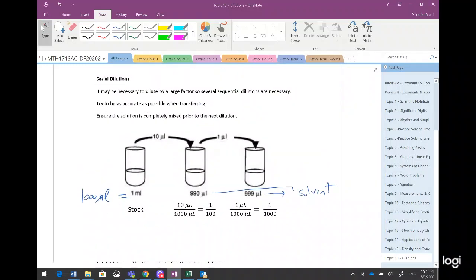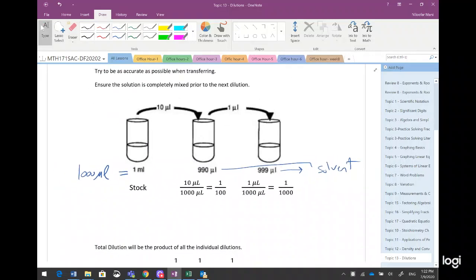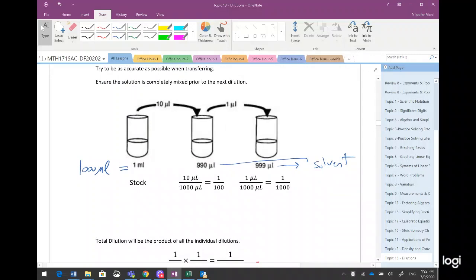Here it may be necessary to dilute by a larger factor, so you can do several dilutions. So how does it work? Look at this. Let's say you have 1 milliliter of stock. This 1 milliliter stock is 1000 microliter.